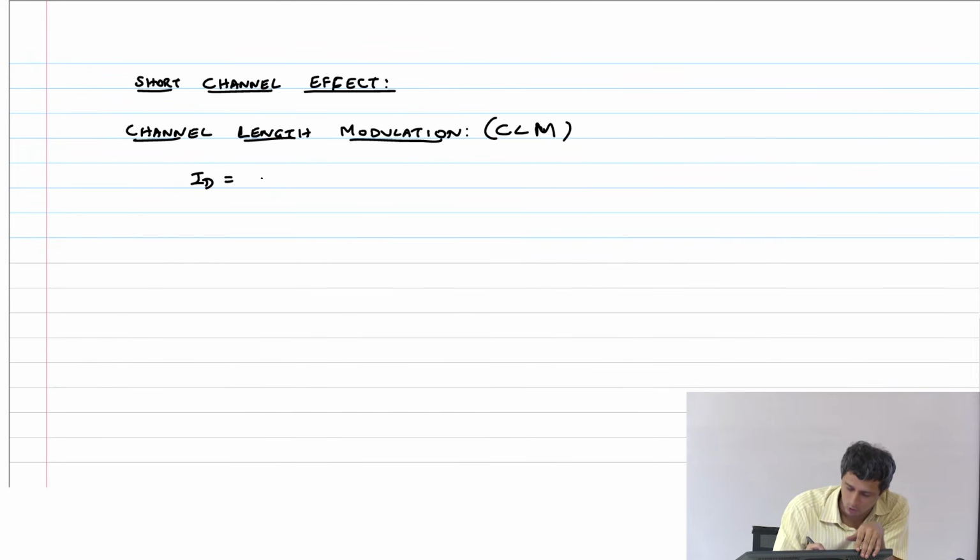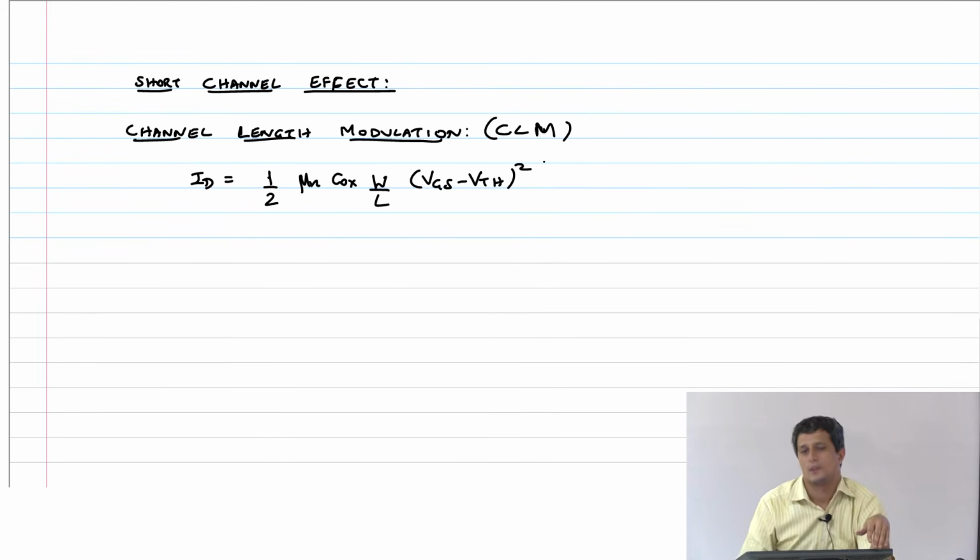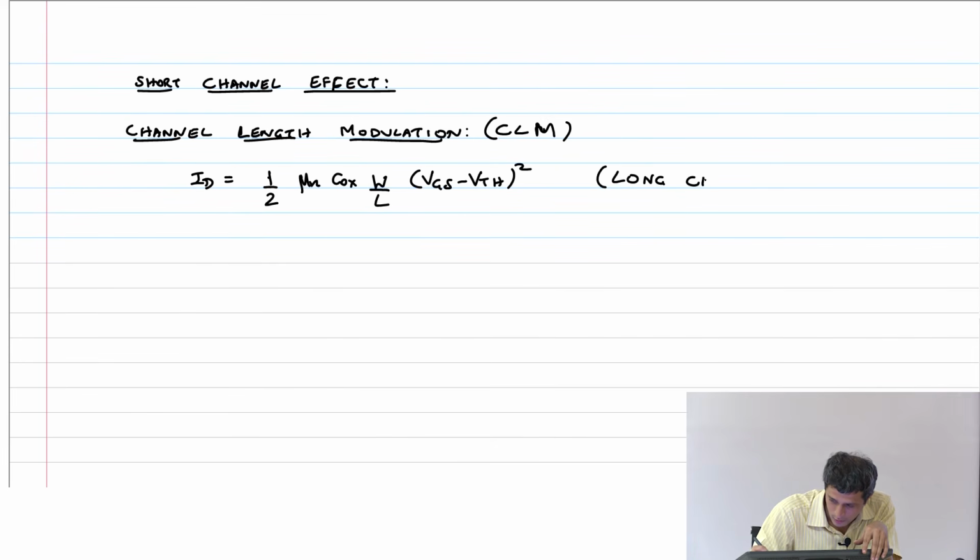So you look at the saturation current, it is half mu n Cox W by L into (VGS minus VTH) whole square. Okay, this is the long channel equation, and it's not a function of VDS.